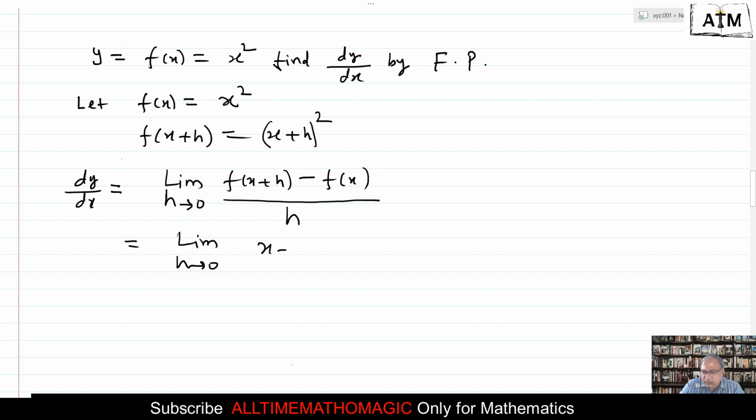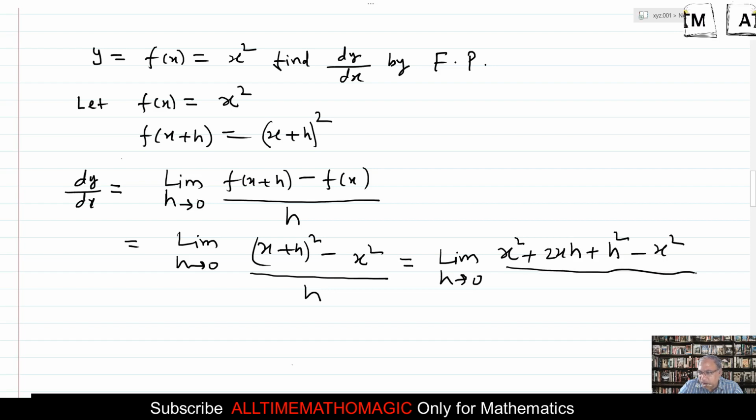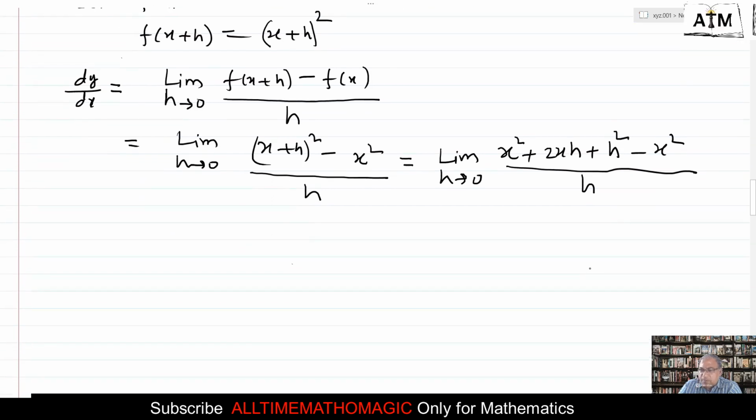That is x plus h whole square, minus f of x, that is nothing but x square, upon h. This equals limit h tending to 0 of x square plus 2xh plus h square minus x square upon h. What I have done here? I have expanded it by using the a plus b whole square formula.